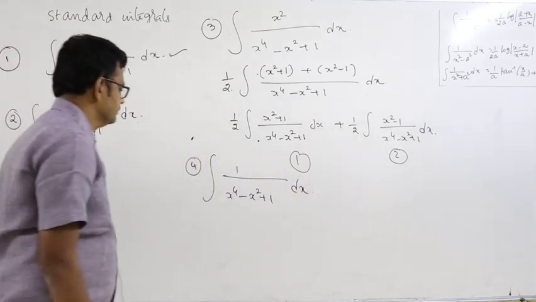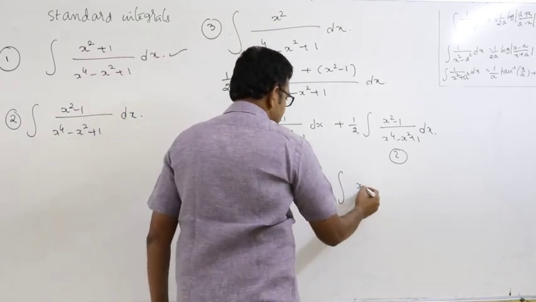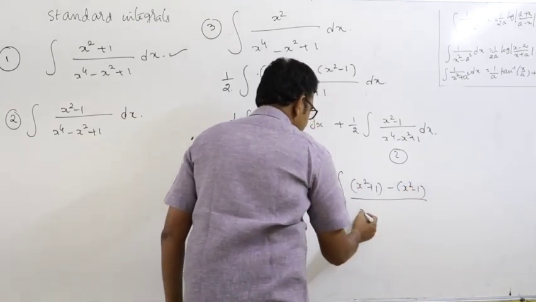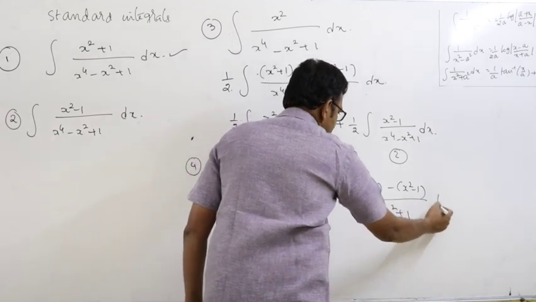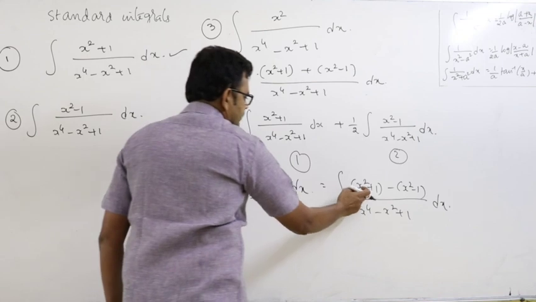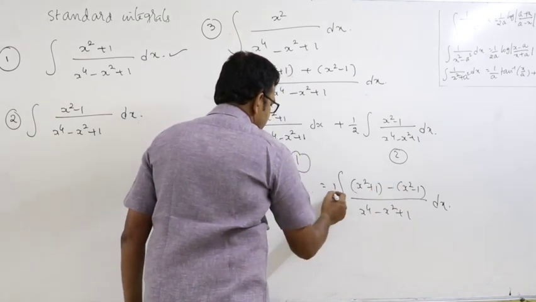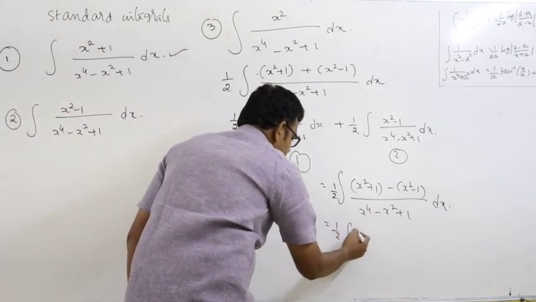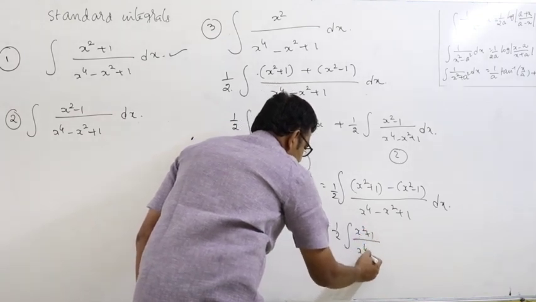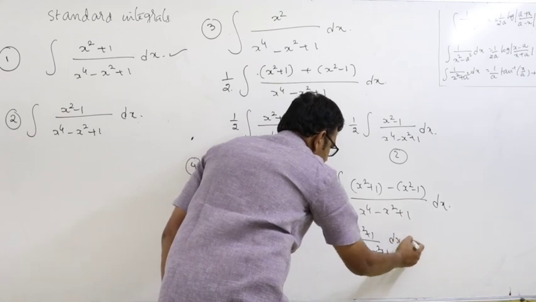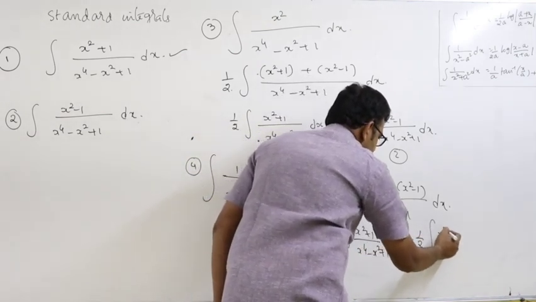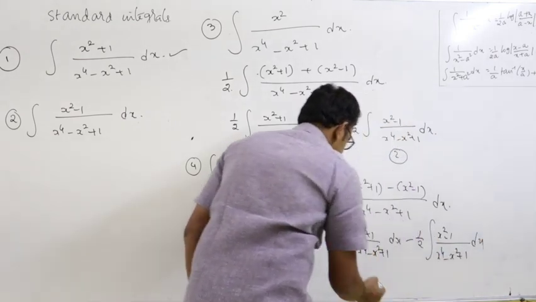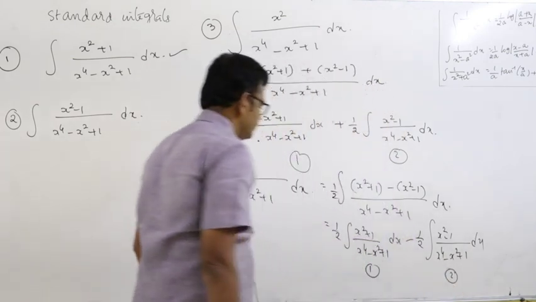This you write as integral x square plus 1 minus x square minus 1 by x power 4 minus x square plus 1 dx. x square gets cancelled, 1 plus 1, 2, right? 1 by 2 of integral x square plus 1 by x power 4 plus x square plus 1 dx minus 1 by 2 of integral x square minus 1 by x power 4 minus x square plus 1 dx. Again, this is the first one and this is the second one.